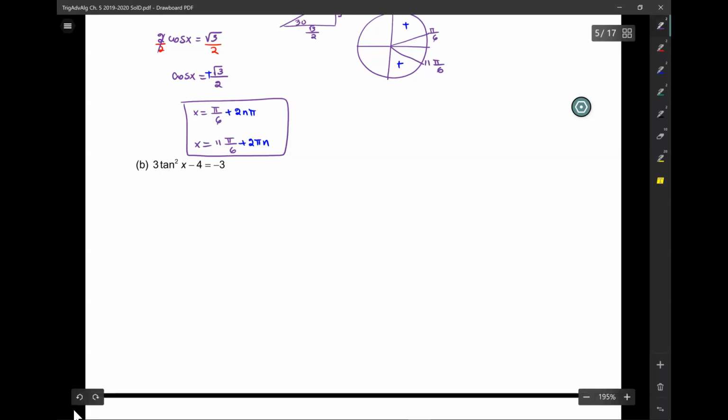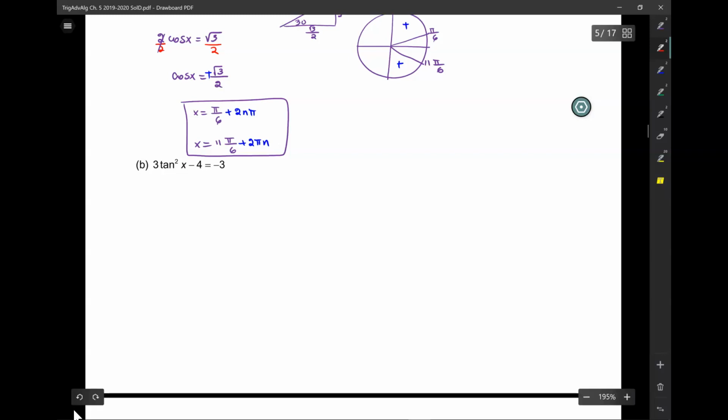Okay, so here I have 3 tangent squared x minus 4 is equal to negative 3. So where are we going to start? Getting tangent all by itself. And isolate the tangent. And so what is the first step I need to take to do that?